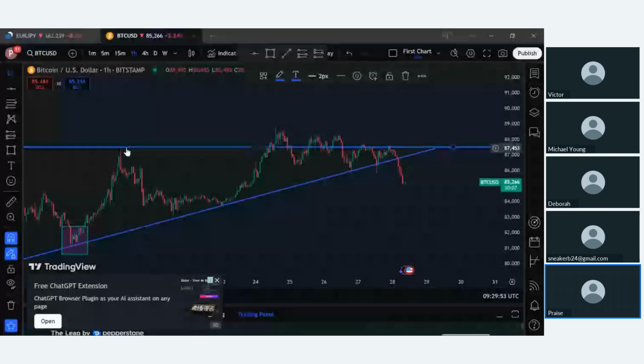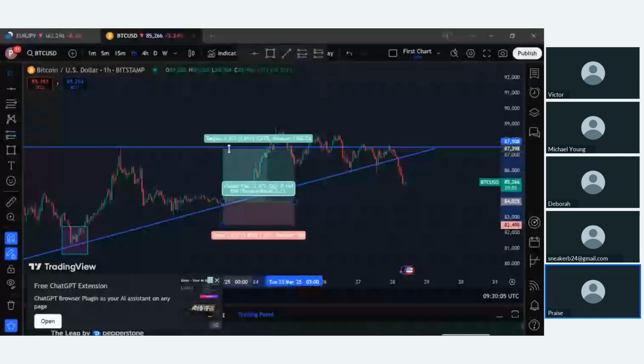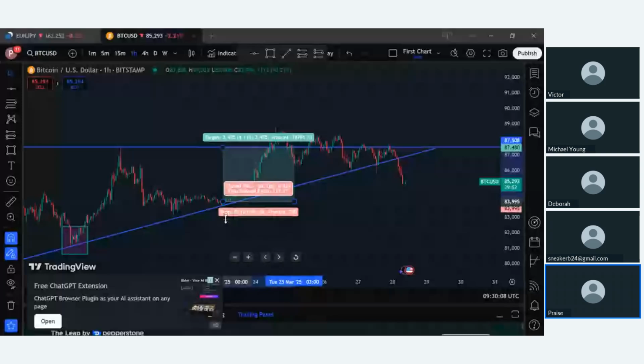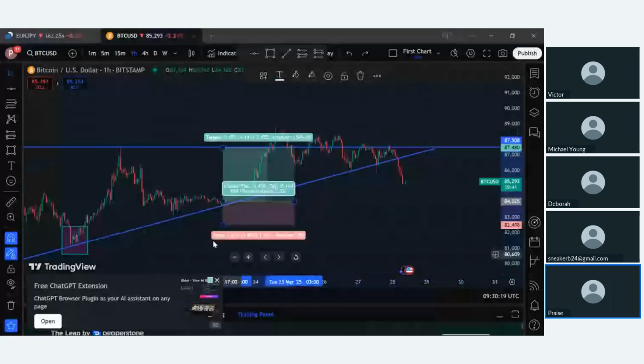So the market came down to this point, as you can see here. Then we can take our entry here, and then we can target this high, and our stop loss will be just below it, a bit like this.